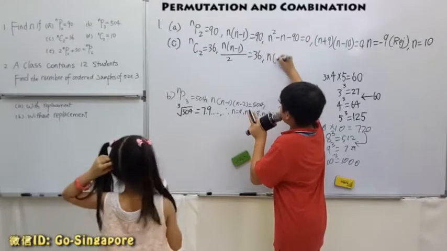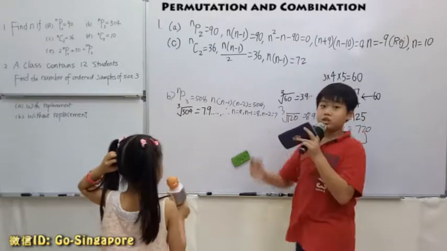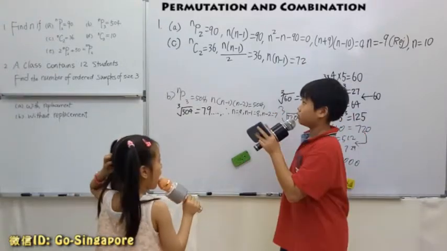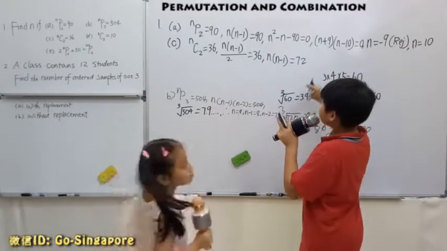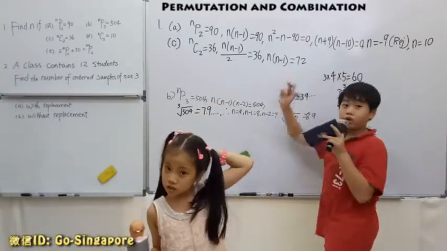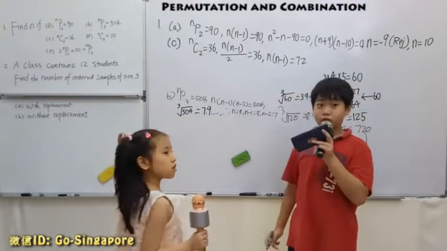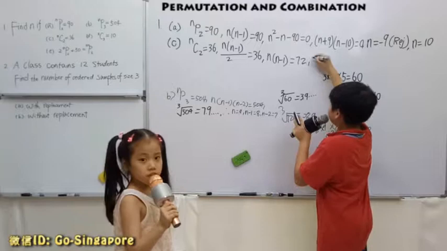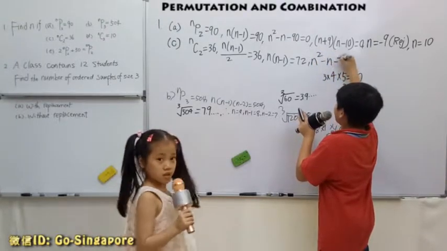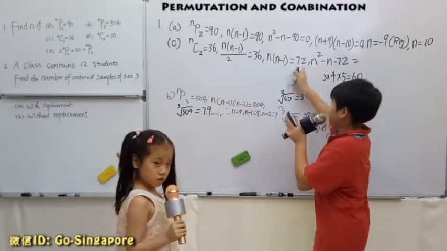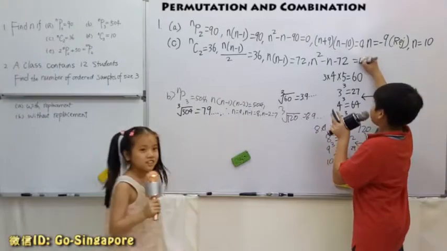Then this n times n minus 1, this is 72, right? Right. Okay. So then, for this, you have this n times n minus 1, right? Okay. So this, n squared, you minus n, then you minus 72. Because then this can come here, which becomes minus, right? Okay. This is the 0.